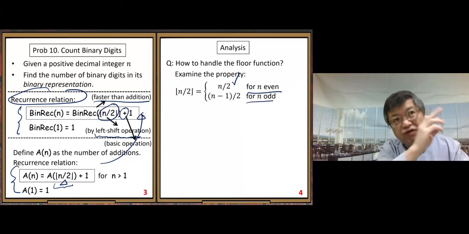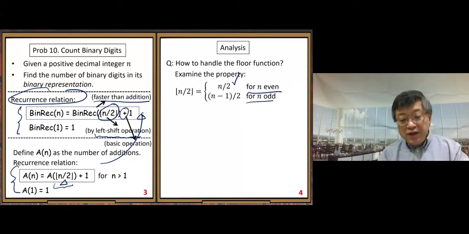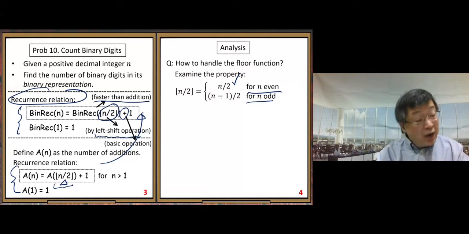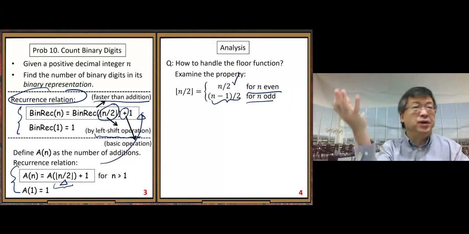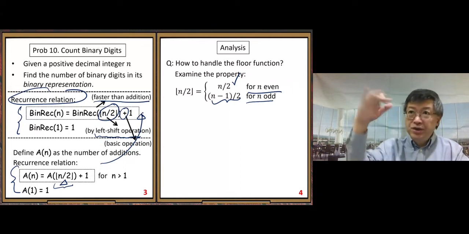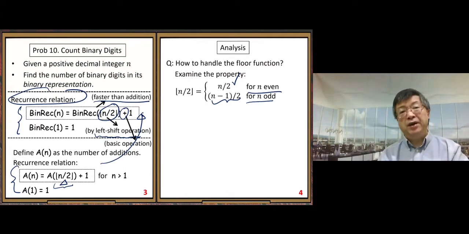So to find the final answer, we need to change a little bit: n minus 1 divided by 2. So we drop that 1 remainder before dividing by 2. So you can see these two cases we need to handle.